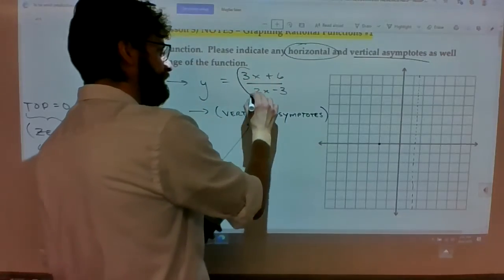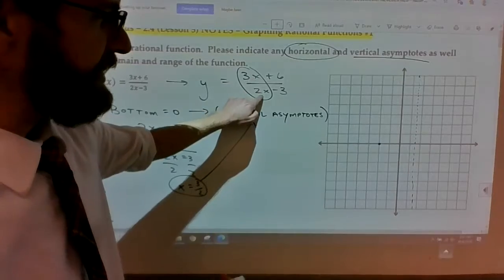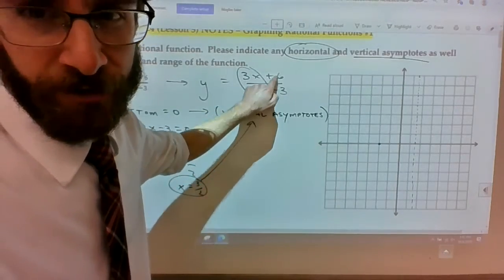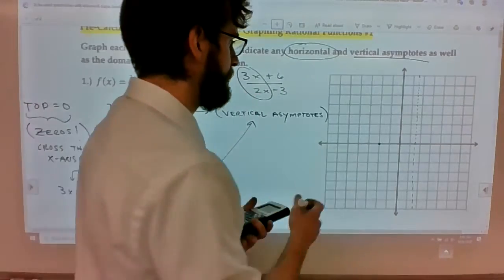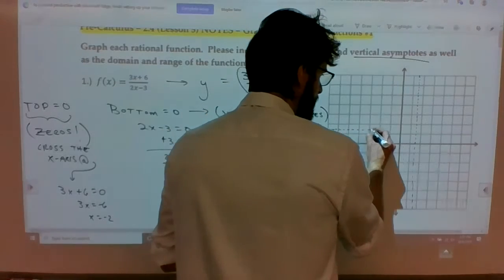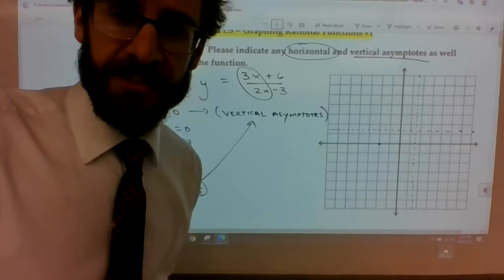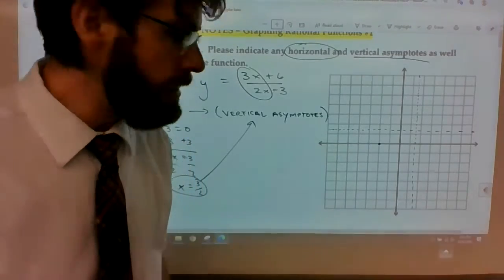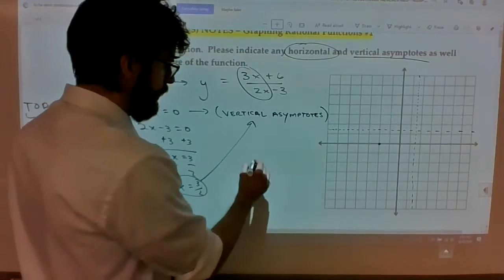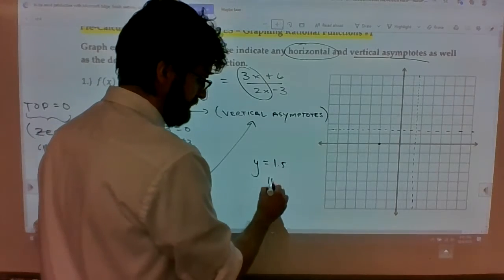So it's sort of like the powers here are way more dominant than any constant I can add here or there because you're talking about infinite values. So what we do is we draw a horizontal asymptote at 1.5. Are the vertical asymptotes and horizontal asymptotes always going to be the same? No, they are not. All right, so y equals 1.5 is the horizontal asymptote.